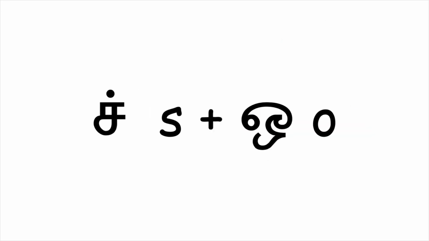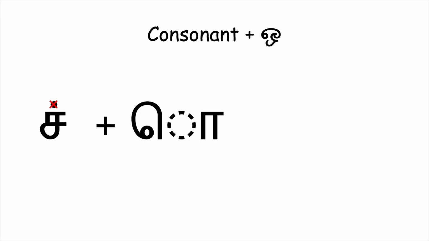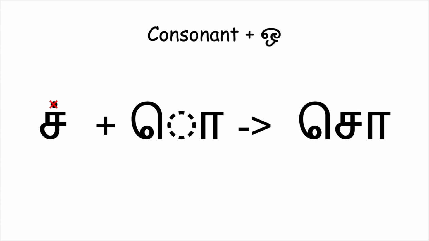This is the letter so. It's formed from uch plus o. The pattern which applies to the consonant plus o combinations is to get rid of the dot and add these two patterns to the front and back. So when we apply this to uch, we get so.